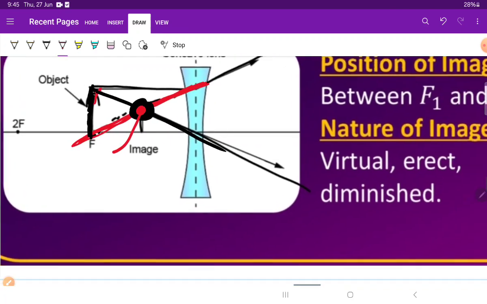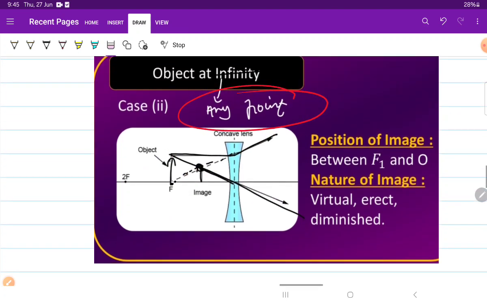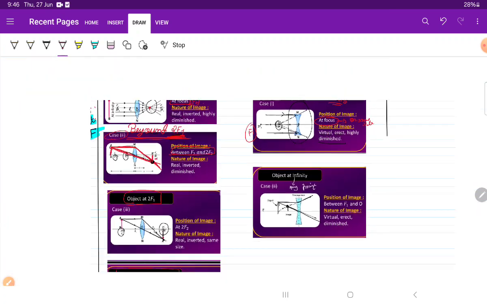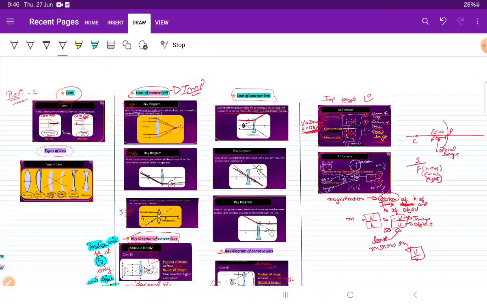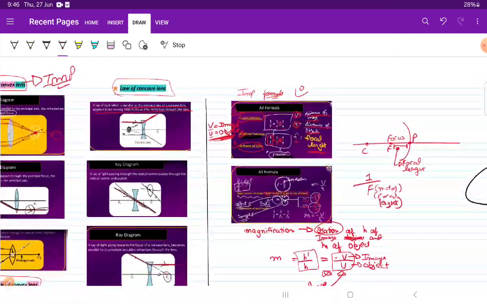So the image will form between f1 and O. If we put our object over here, then the same case will happen. You can put the object anywhere. So here we are done with the law of concave lens as well as the ray diagram of concave lens.